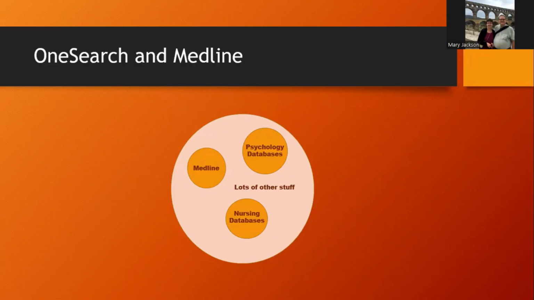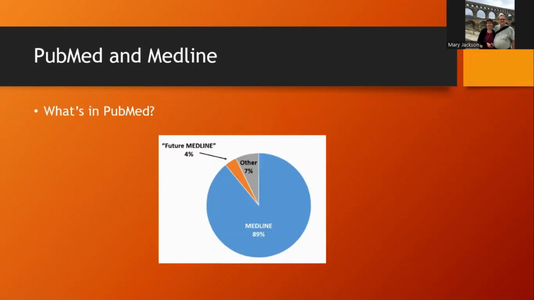And so is it written up in a medical journal or is it written up in a psychology journal that's also a medical journal? And so you're going to want to see all that research. And if you just search Medline, you're not searching all the research. And you may be missing things that are very, very relevant to your topic. So when you're searching, you should always search OneSearch and not just focus on Medline.